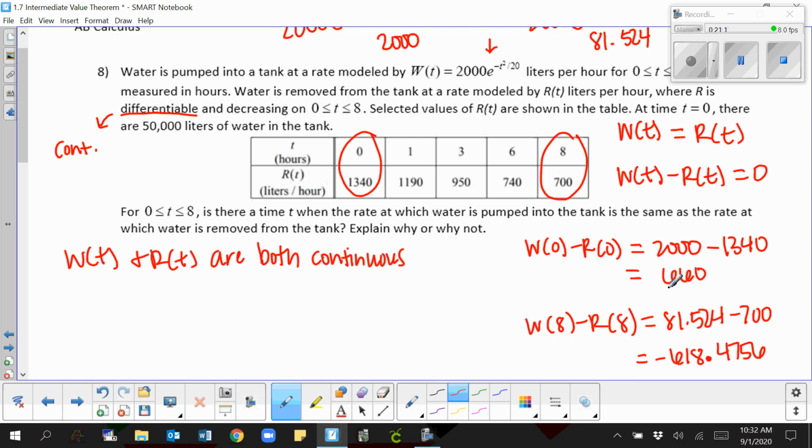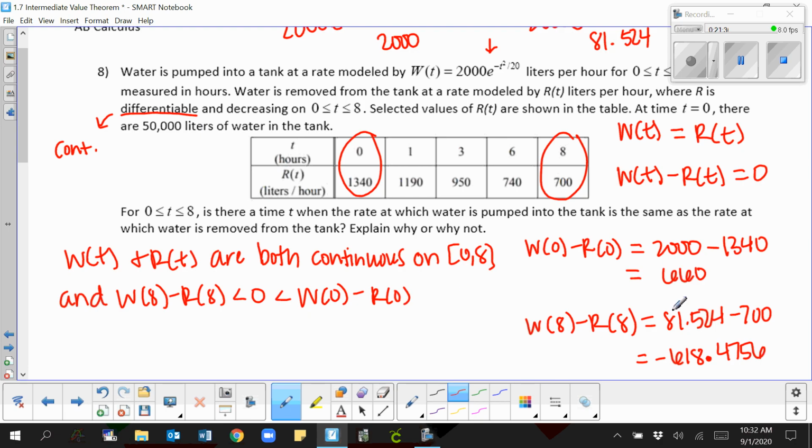So this one's negative and this one is positive, so that means that 0 is going to be in between them. I'm going to say that they are both continuous on my interval 0 to 8, and W of 8 minus R of 8 is less than 0, which is less than W of 0 minus R of 0. Remember that you always put that negative one first.